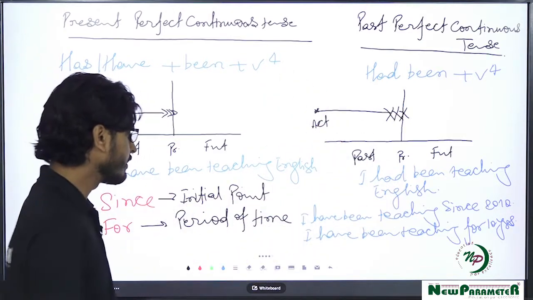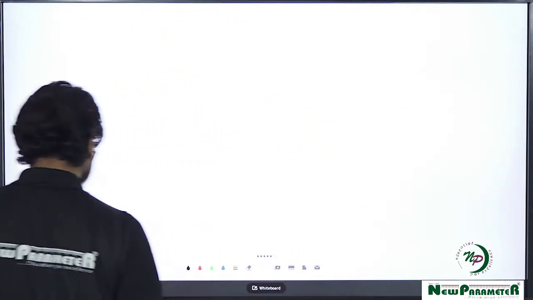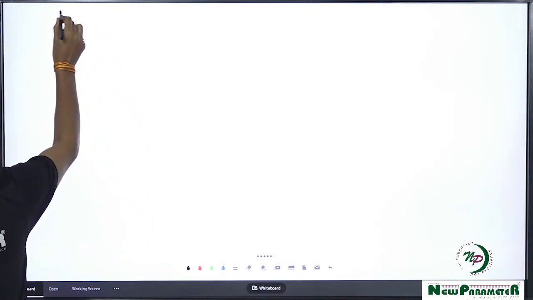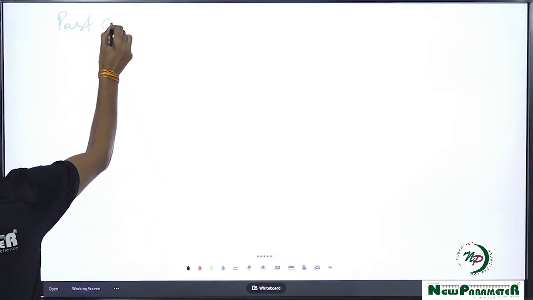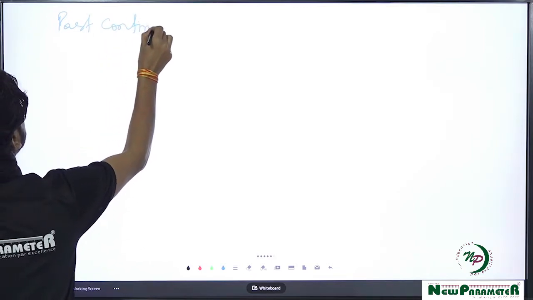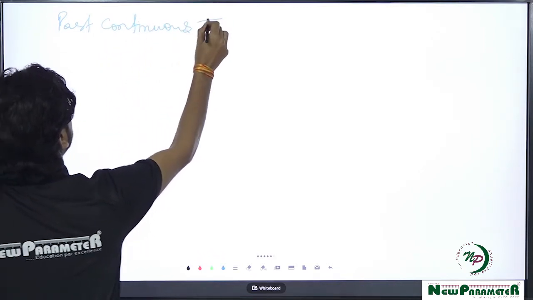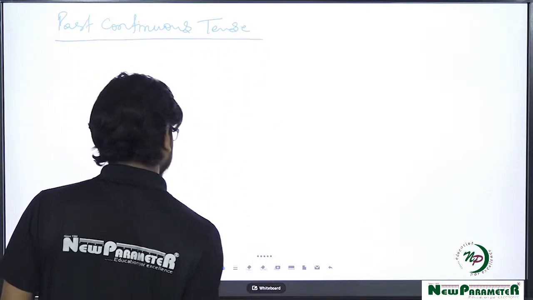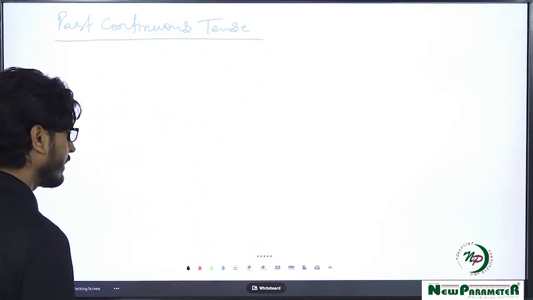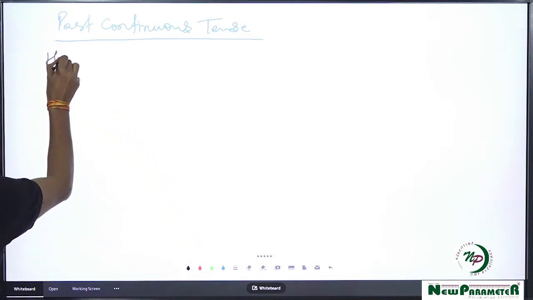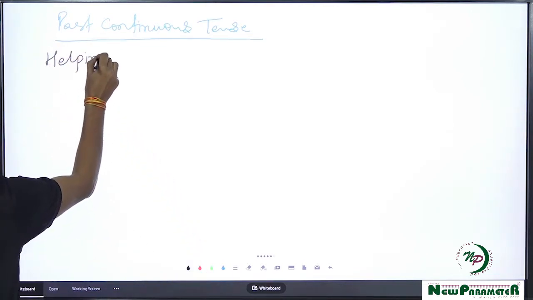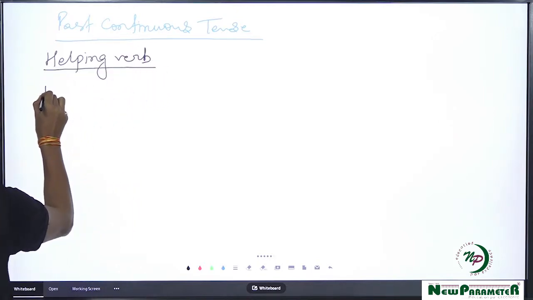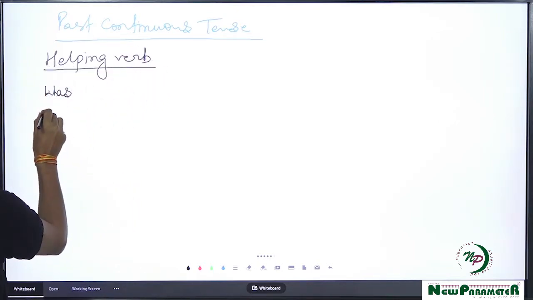Now move to another point. We'll see past continuous tense. In past continuous tense, we have a helping verb, that is was and were.